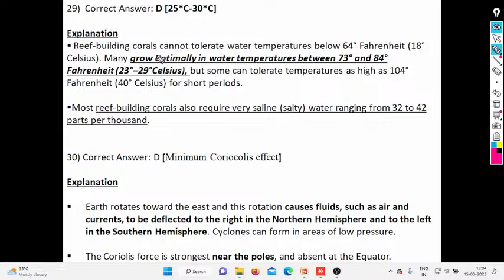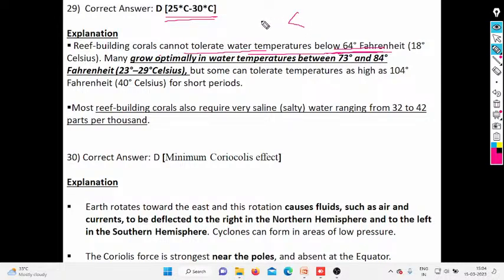Coral can grow well. Reef building corals cannot tolerate water temperature below 64 degree Fahrenheit.